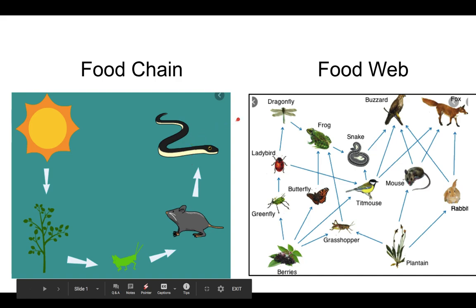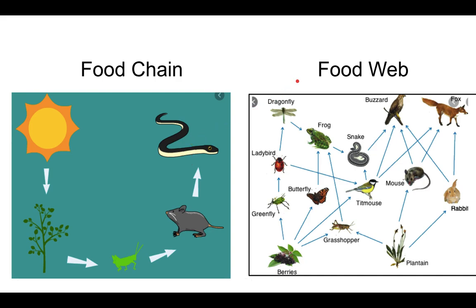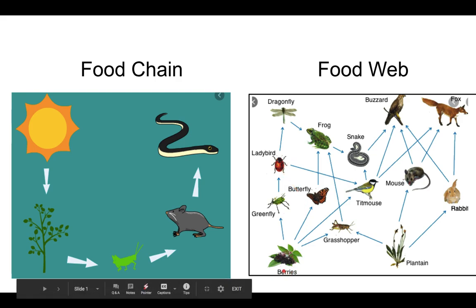That's a food chain. And a food web shows in a community, in a habitat, how many different animals and plants are interrelated. For instance, down here we have some berries, and the green fly can eat it, or the butterfly, or the titmouse, or the grasshopper.